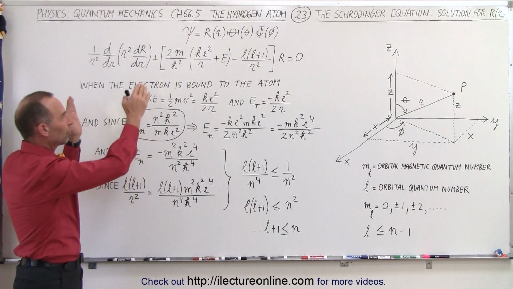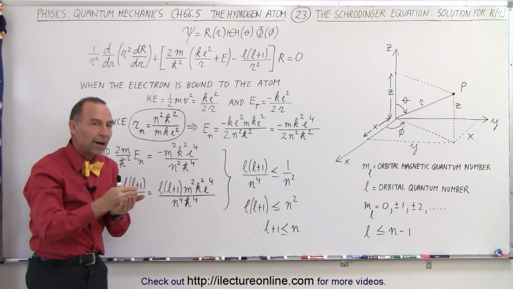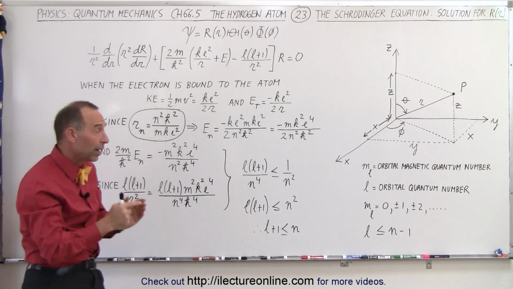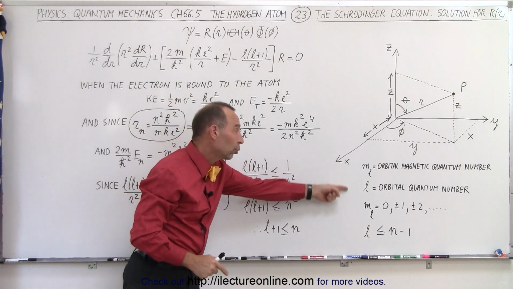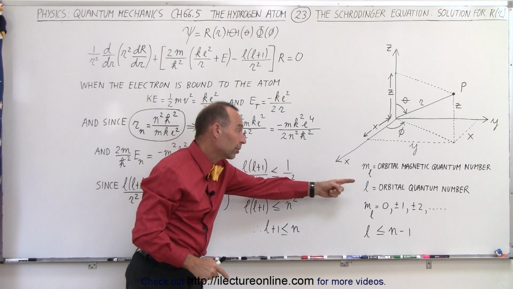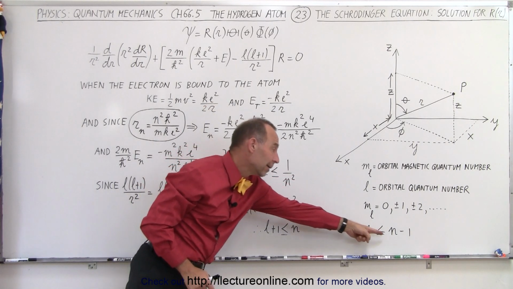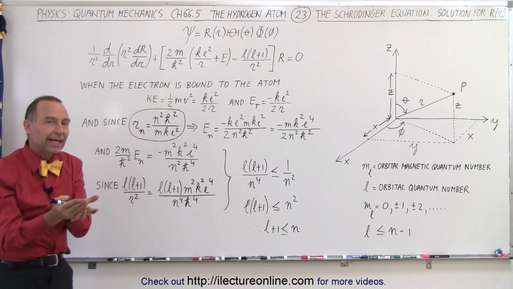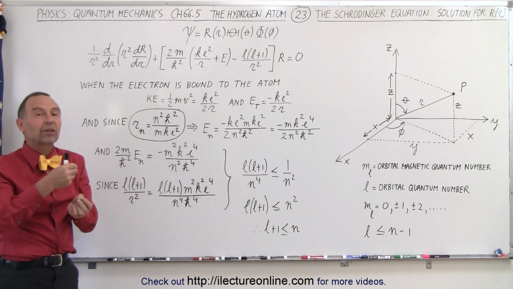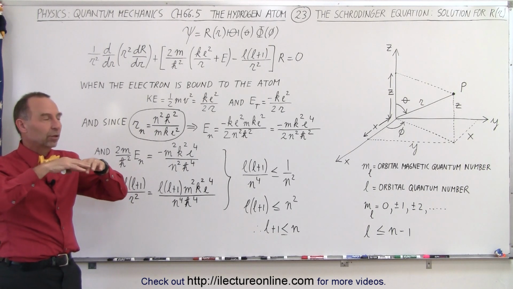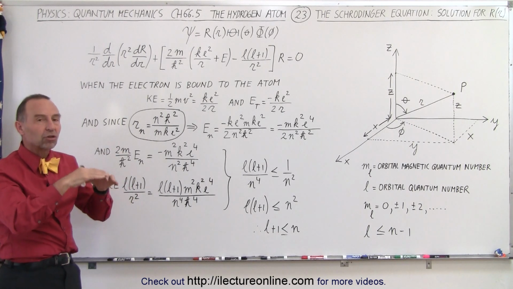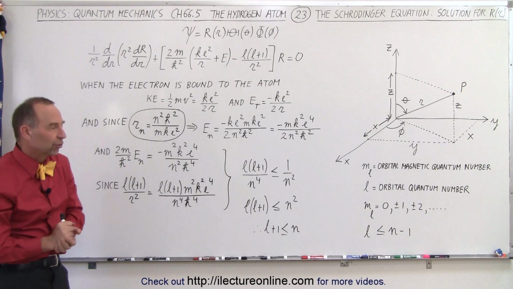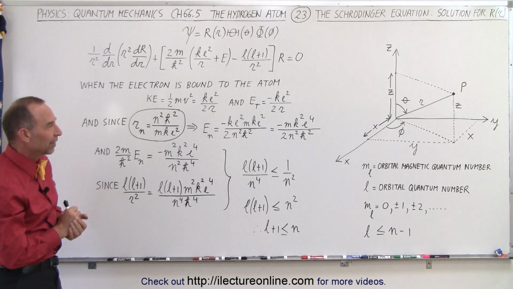At least the three differential equations put upon us some conditions which required the relationship between the magnetic quantum number, the orbital quantum number, and the principal quantum number, and from that we'll be able to formulate a description of where the electron will be at, what the energy will be of the electron, the shell of the electron, the subshell of the electron, and so forth, and we'll get into the details of that as well.